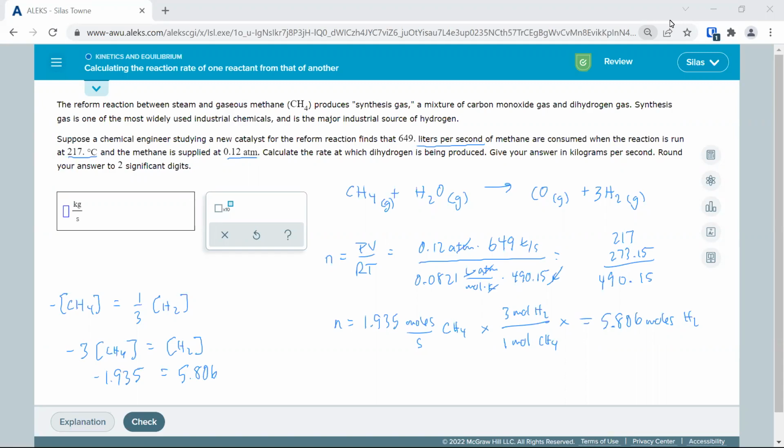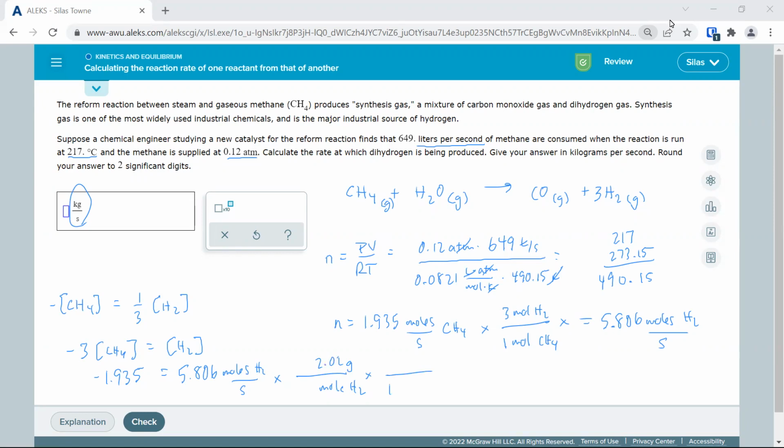So now we have moles per second of H2, but the question asks for kilograms per second. So I'm going to have to say, well, for every mole of H2, there are 2.02 grams.